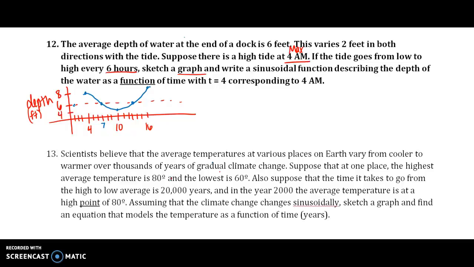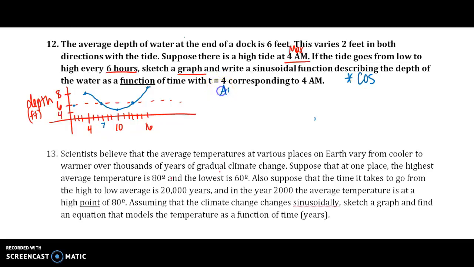But for this, I would suggest using cosine, just my suggestion. I have enough information to come up with the amplitude, period, so calculating B, the phase shift, and any vertical shifts here.